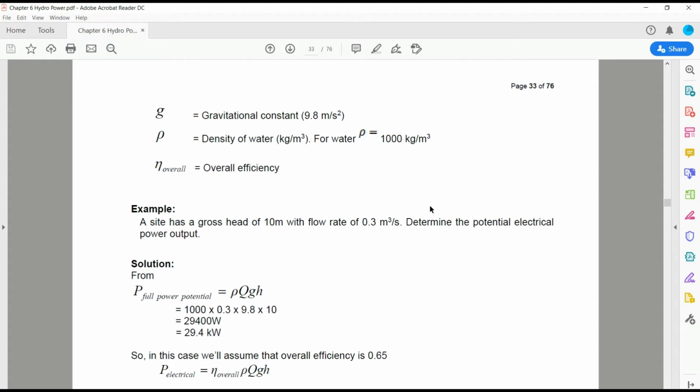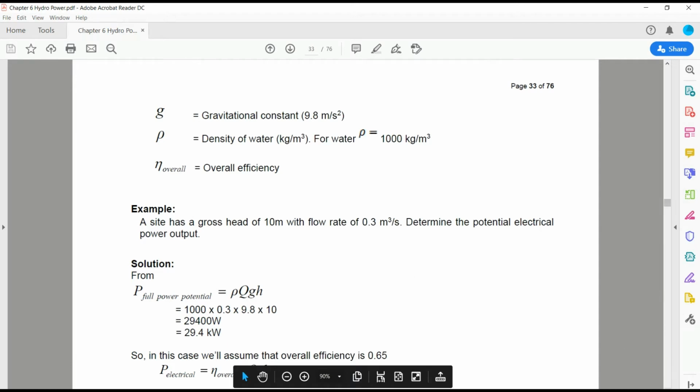We have Q as 0.3, which is the water flow rate, and H. Rho equals 1000 kilogram per cubic meter, multiplied with 0.3 Q, multiplied with gravitational acceleration 9.8, multiplied with head 10 meter. So for full power potential without any losses, we get 29.4 kilowatt.